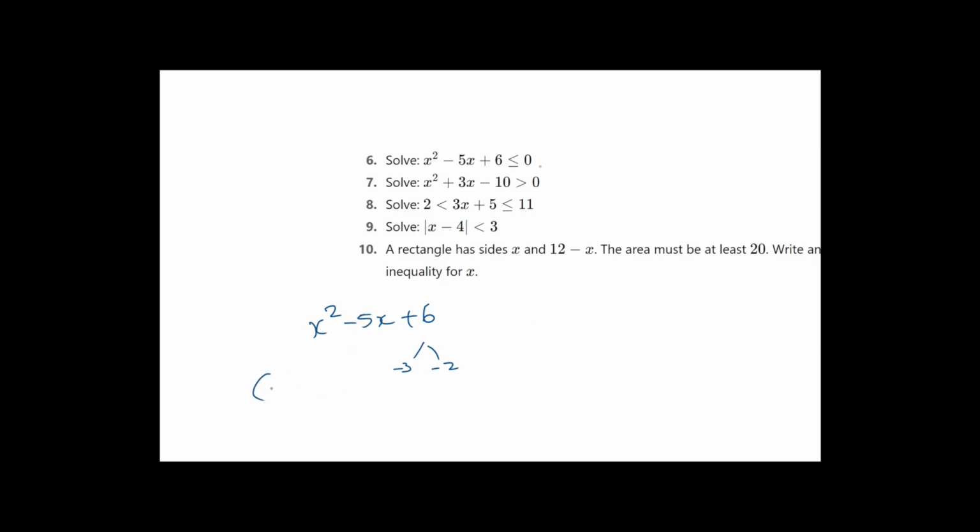So our answer for that is going to be x minus 3, x minus 2 equals 0. That means x must be equal to positive 3 and positive 2.